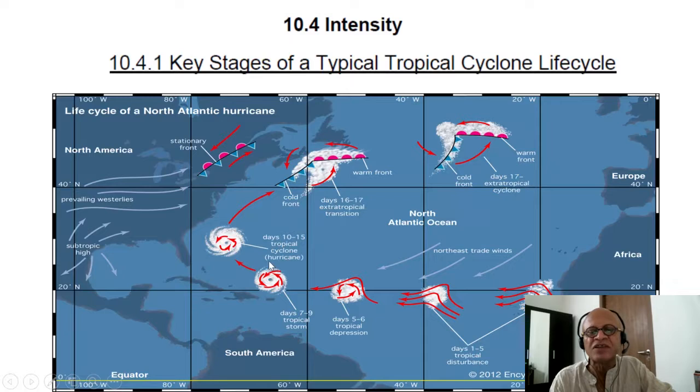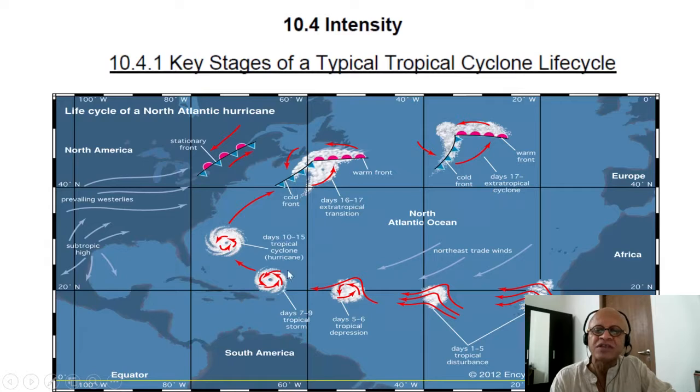And days 10 to 15, the tropical cyclone is a hurricane already, and you can see that it is now much larger in scale with stronger circulation that is feeding the core, eye and the eye wall and so on, and then it makes some landfall, maybe comes back out or whatever, and then transitions into an extratropical storm. And then you can see the cold core and the asymmetric form that you expect from a typical extratropical cyclone.